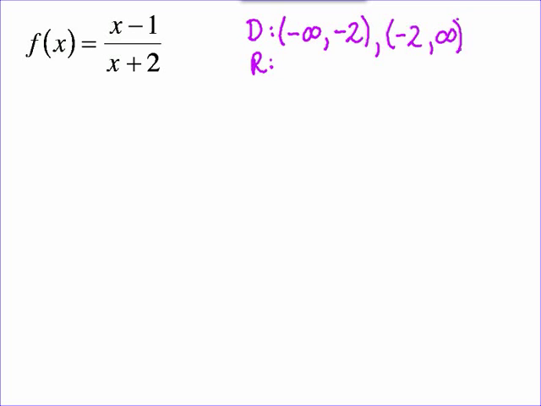Okay, what do we think about the range? Negative infinity to what value? Where's there a break in the graph, guys? 1 or 2? You're right, it's 1. And then from 1 to infinity. Okay, so there's a break in the graph vertically at negative 2 and horizontally at 1.